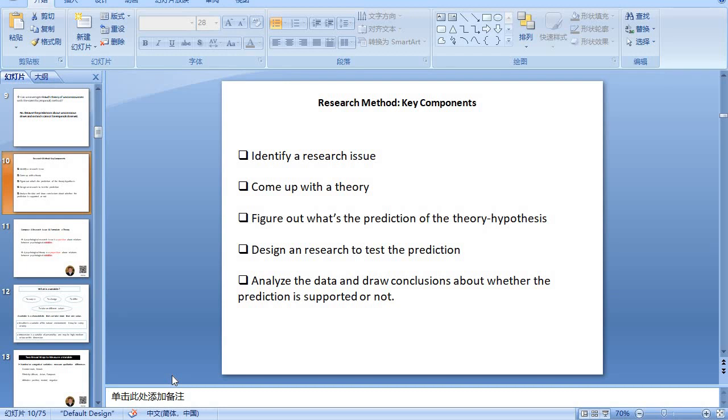For example, I can generate another hypothesis which says if we give an animal traumatic experiences, this animal will later develop anxiety disorder.